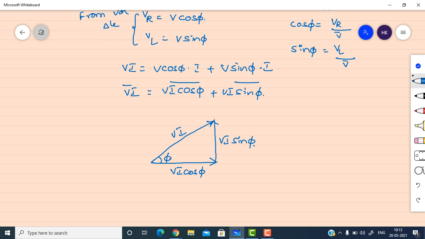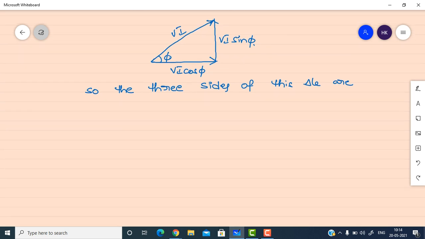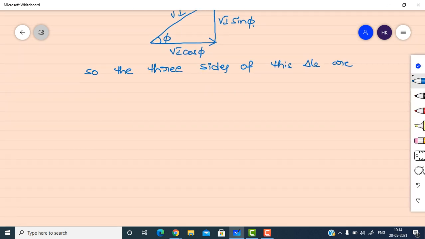So the three sides of the triangle are VI, VI cos phi and VI sin phi. VI is called apparent power.